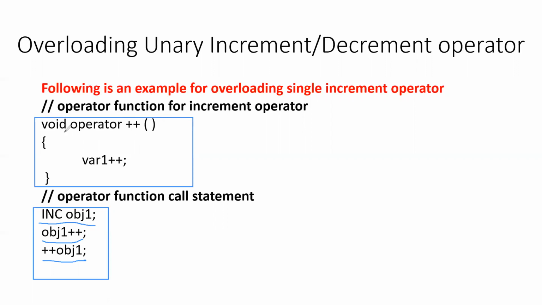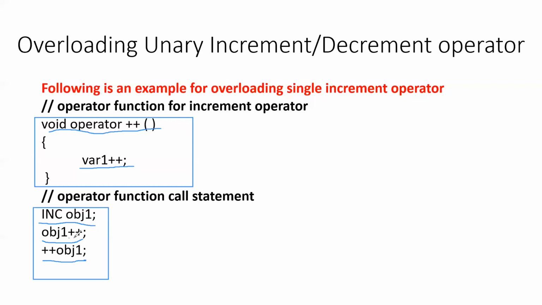As you can see here, this function will be called. Now what does this function do? It simply increments the value of variable 1 by 1. It is very simple. So this is how we can implement it. You can simply create an object of the class, and then through the object of that class, you can simply write the name of the operator.